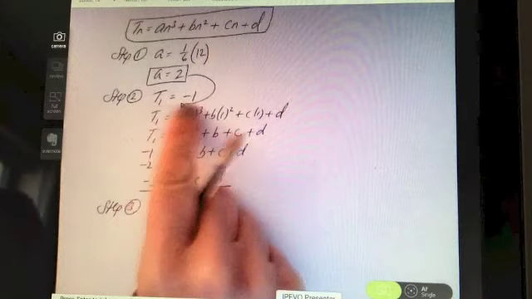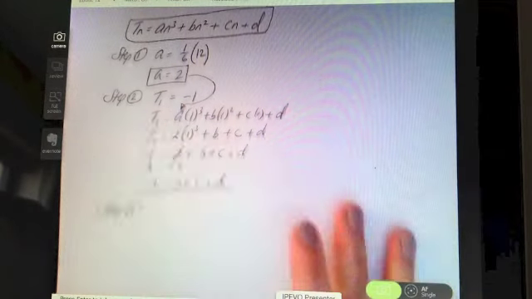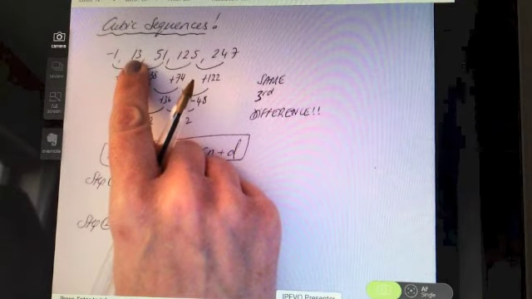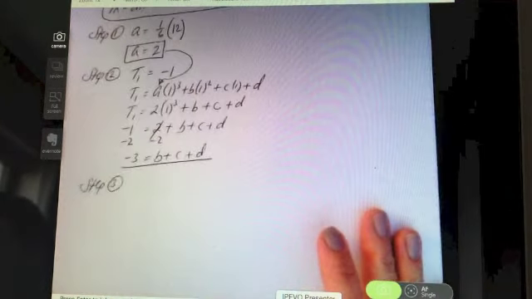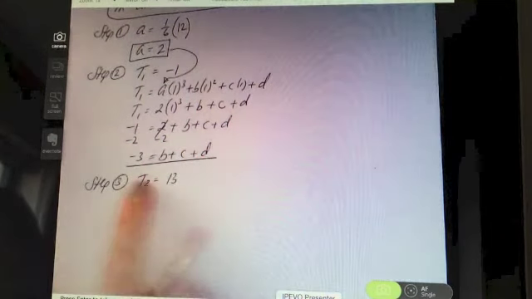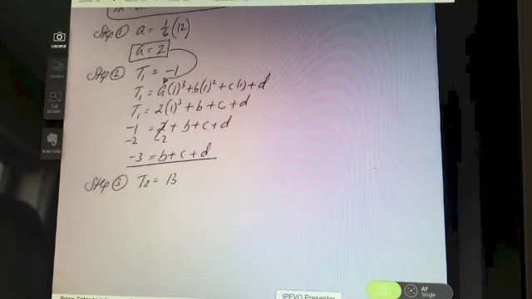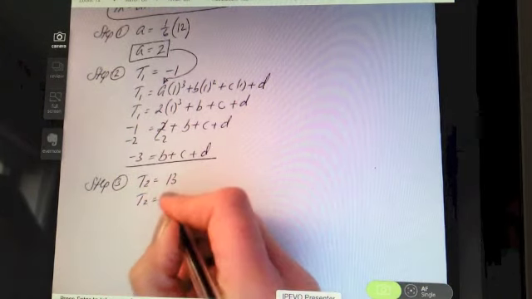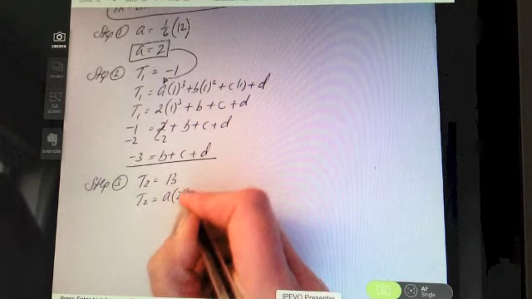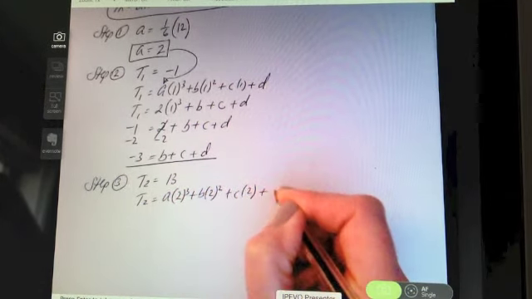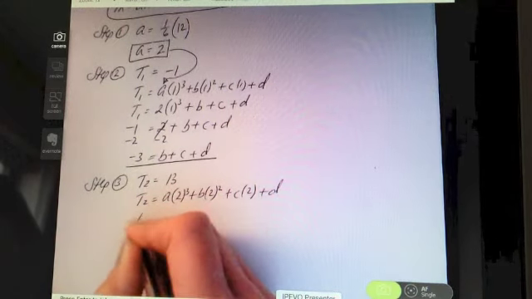Similar approach. But rather than the first term, I'm going to come back here and take a look at my second term. I know my second term is 13. Okay, so therefore term 2 is 13. And we're going to fill that in as best we can into our cubic form. So instead of n, we're putting in 2. And of course, we know what a is as well.